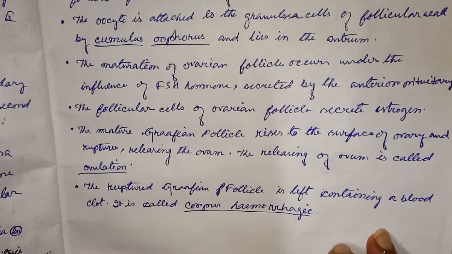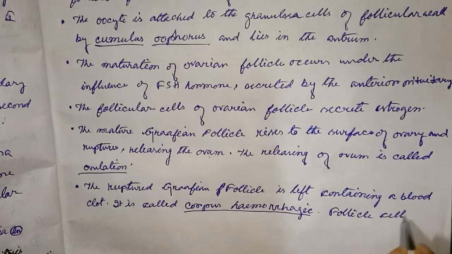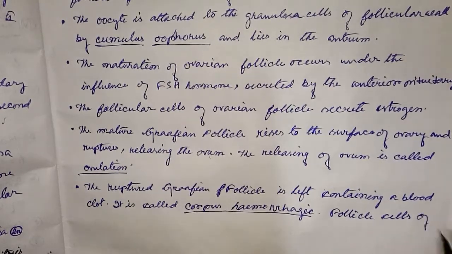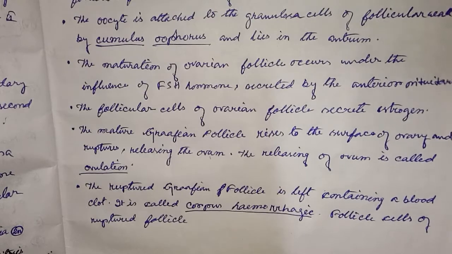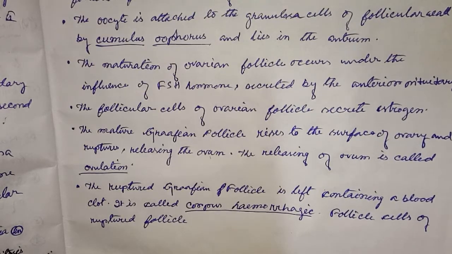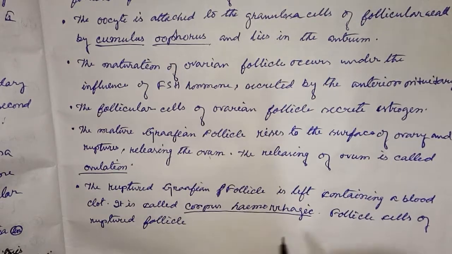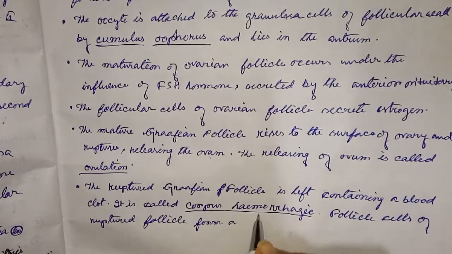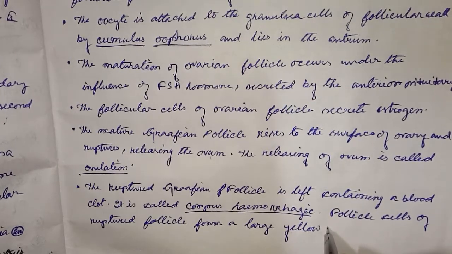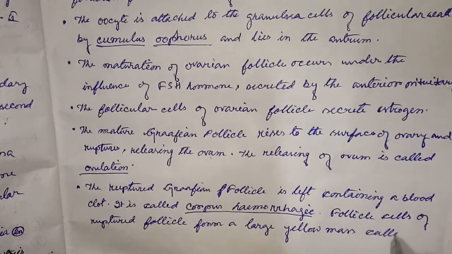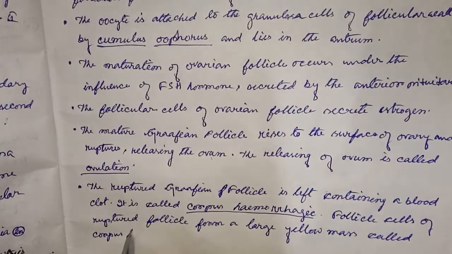Corpus hemorrhagicum. Follicle cells of ruptured follicle form a large yellow mass called corpus luteum.